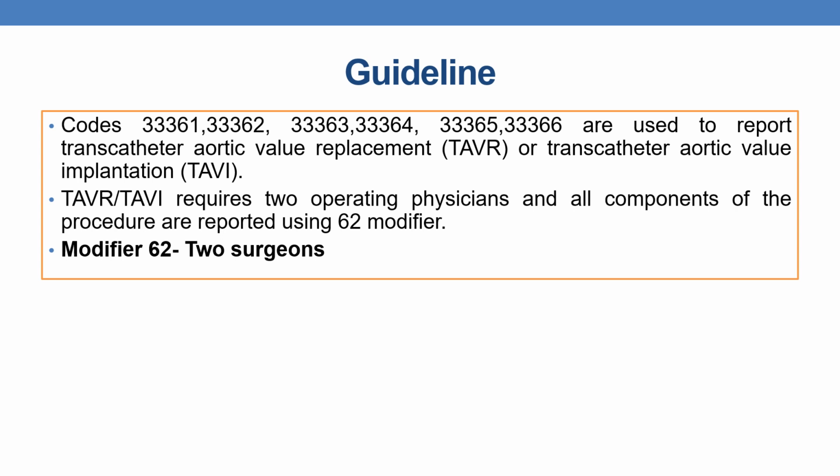The CPTs are in the range 33361 to 33366, and both TAVR and TAVI require two operating physicians, and all components of the procedure are reported using modifier 62. Whenever we are reporting any of the CPTs 33361, 62, 63, 64, 65 or 66, they are done by two operating physicians, so you must append modifier 62. Modifier 62 is indicated for two surgeons.